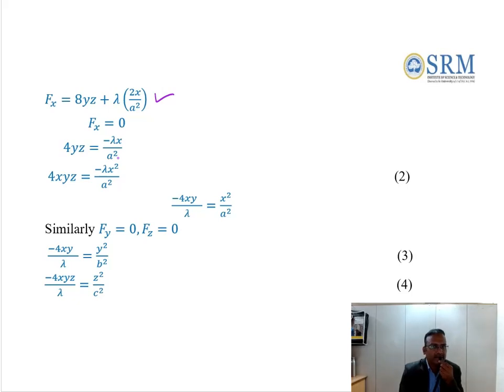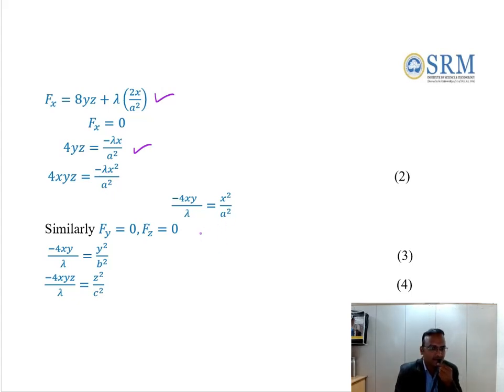Because there is a constraint x square by a square plus y square by b square plus z square by c square equal to 1, we can make use of this constraint. For this, we do some algebraic manipulation, that is, multiply the above expression by x, so that we get x square by a square. Therefore 4xyz equals minus lambda into x square by a square.